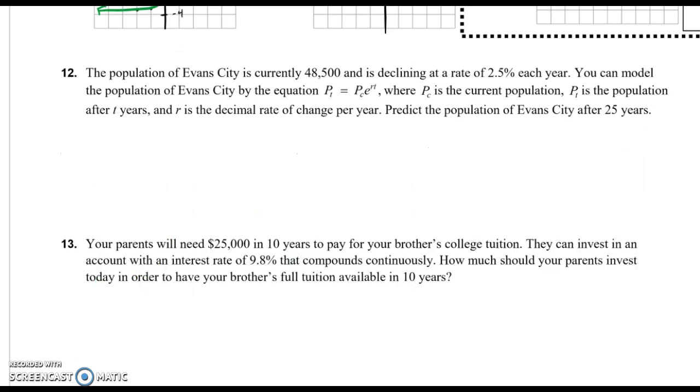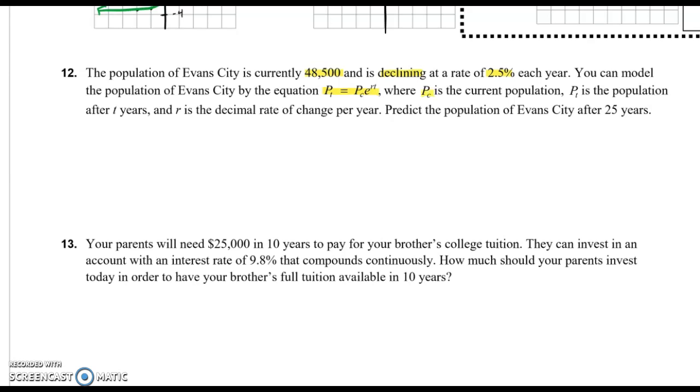Okay, number 12 says the population of Evans City is currently 48,500 and is declining at a rate of 2.5% each year. You can model the population of Evans City by this equation. P_T is equal to P_C e to the RT.